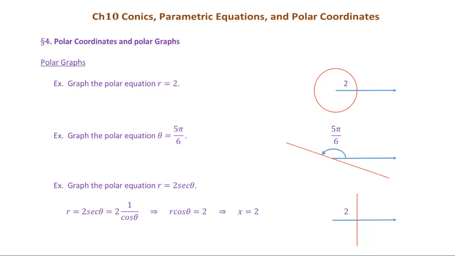Okay, let's talk about something interesting now: how to use polar coordinates to describe curves or lines. Let's do some simple examples. Let's say we want to graph the polar equation r equal to 2.